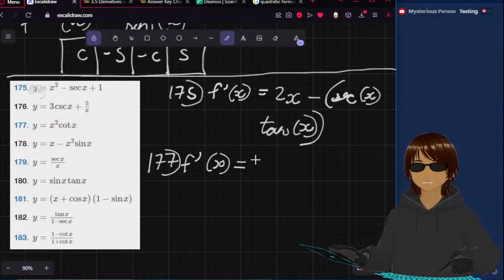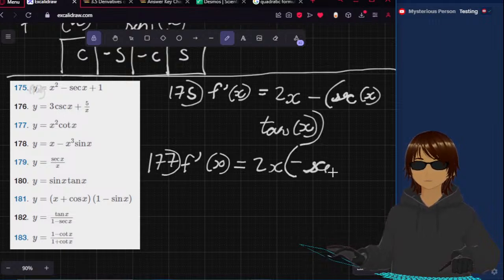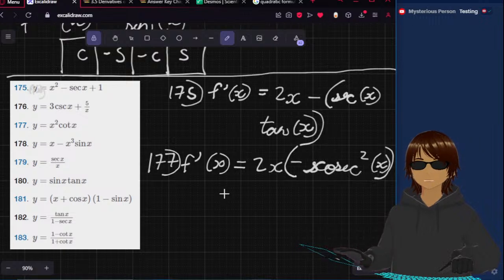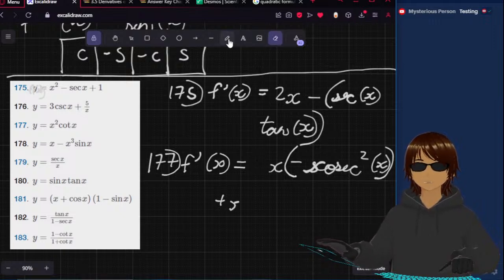Derivative of the first times the second, cotangent, so minus cosec squared, plus the first, no, whoops, let's do it like this.